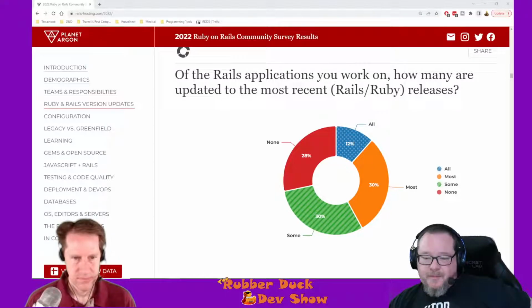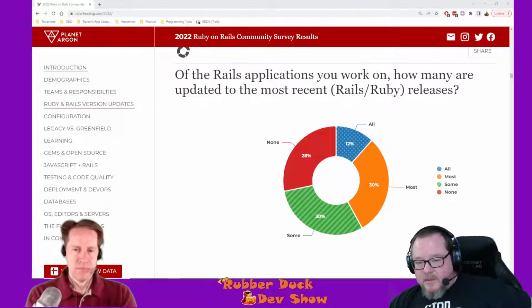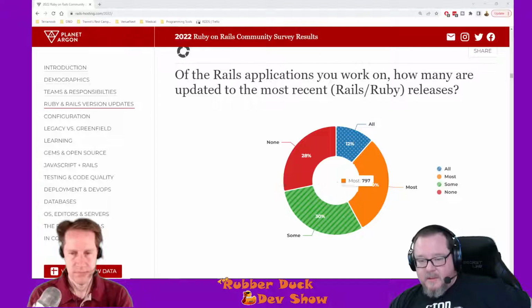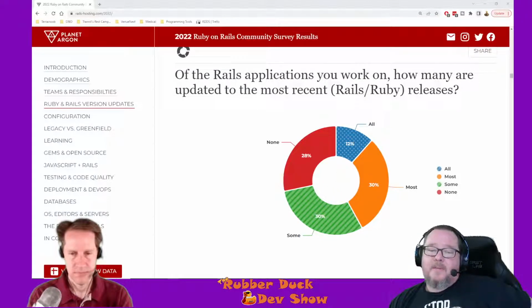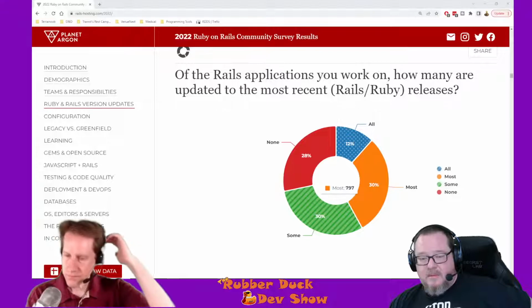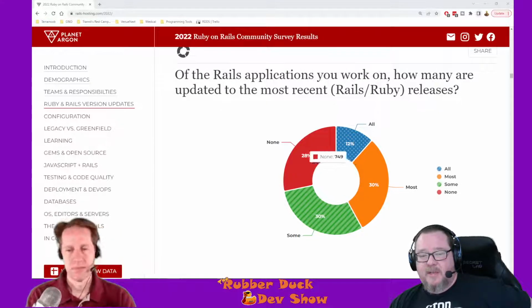So I don't think I'm surprised to see this. The smaller apps can keep up with this pretty easily, or at least more easily. When you've got a bunch of distributed interconnected apps, it gets a little more difficult. So, this spread doesn't surprise me.